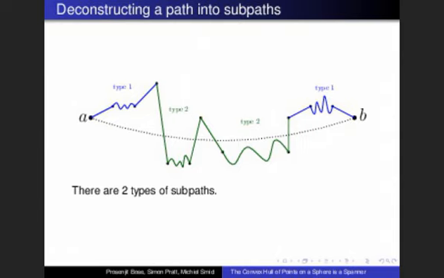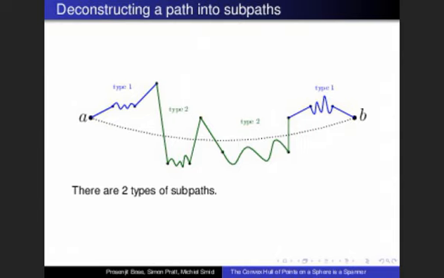The first type is a maximal sequence of vertices in our path, such that all of the vertices are on or above the equator, which is along the direct arc between A and B.